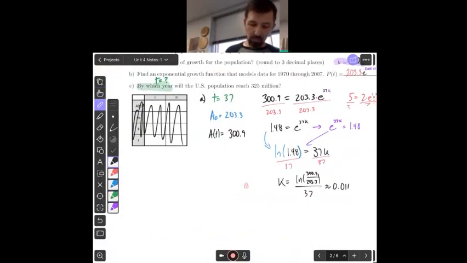So for part C, we're going to write 325 equals 203.3 times e to the 0.011t.